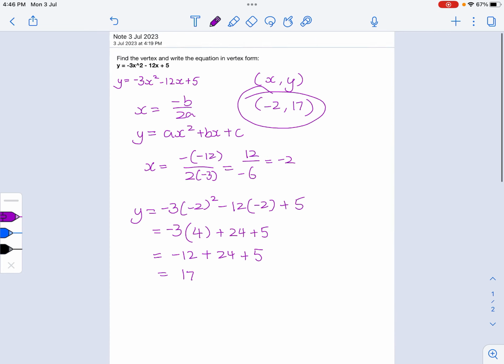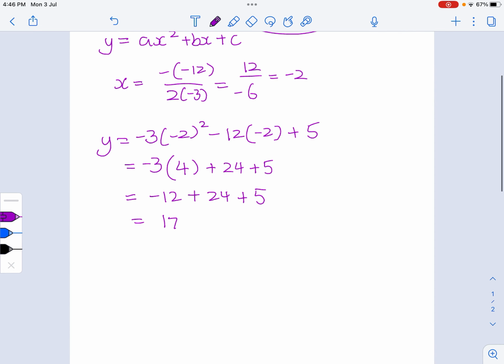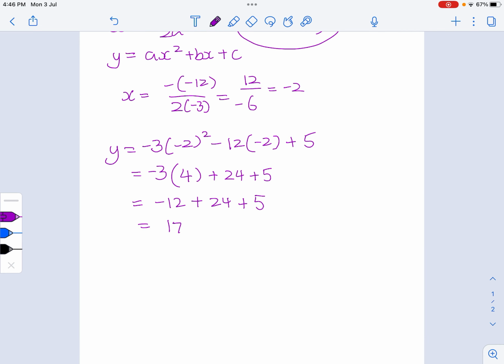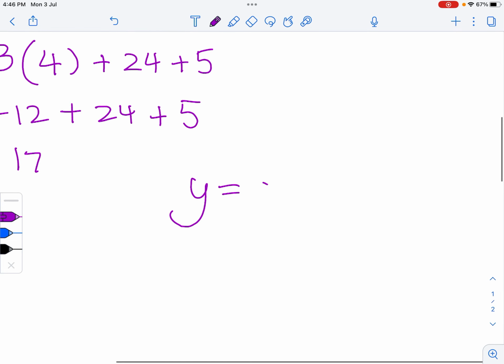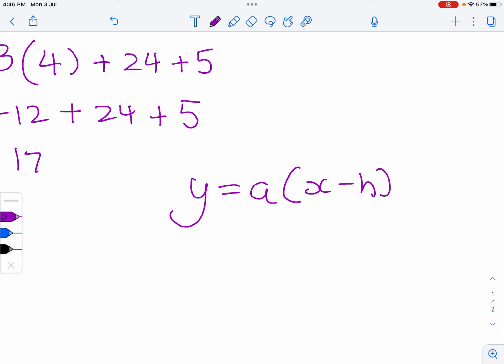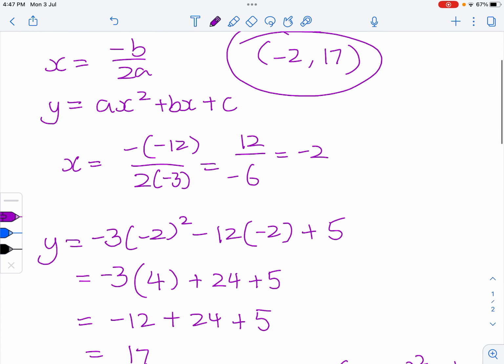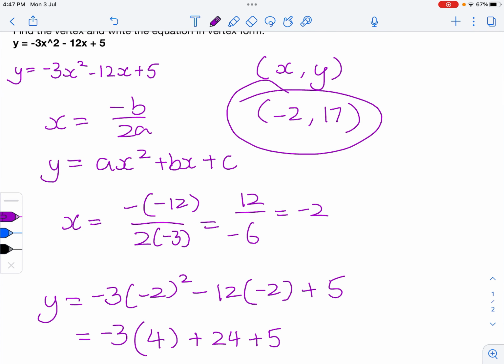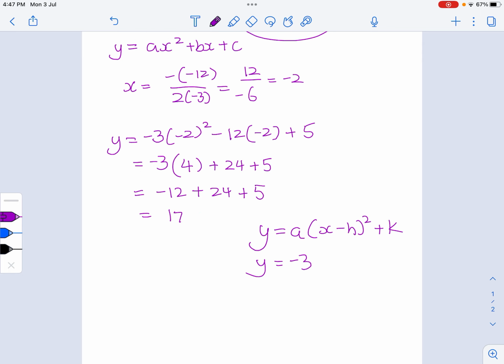Now, writing the equation is really simple as long as you know what values to put in. So let me just first remind you what vertex form is. It is a times x minus h squared plus k. We can first substitute a as negative 3. Remember, we know that a is negative 3 because here in the standard form, a is given to us already.